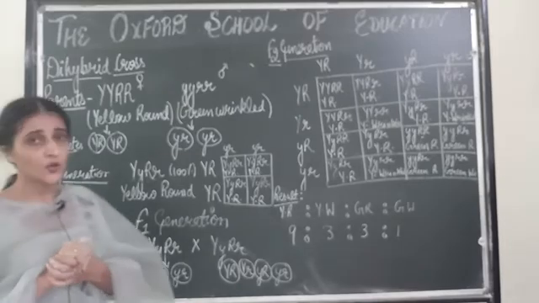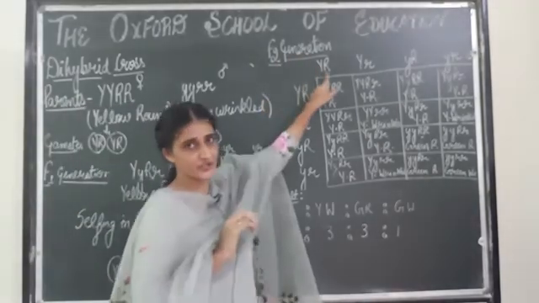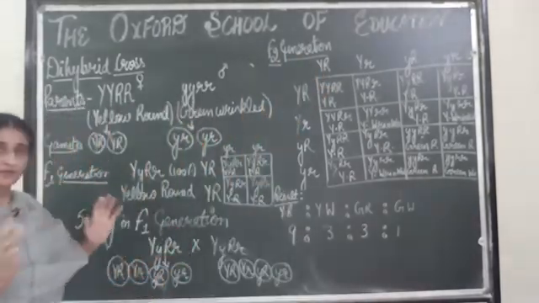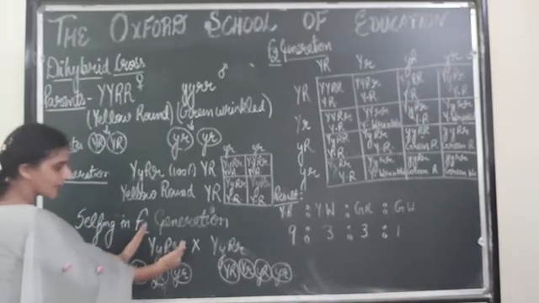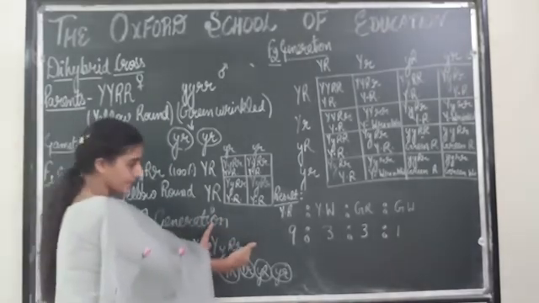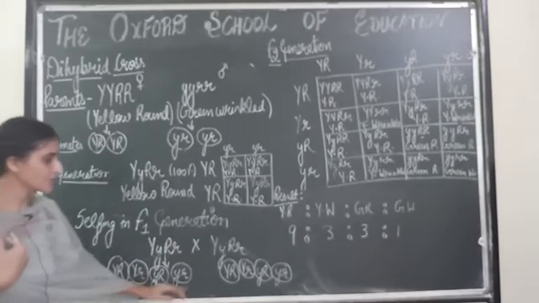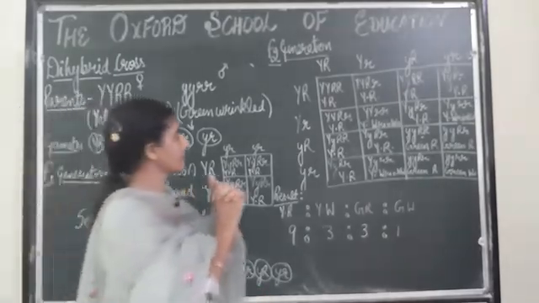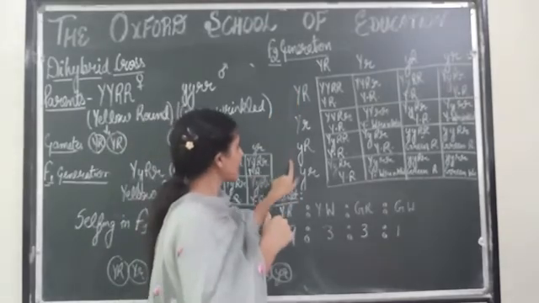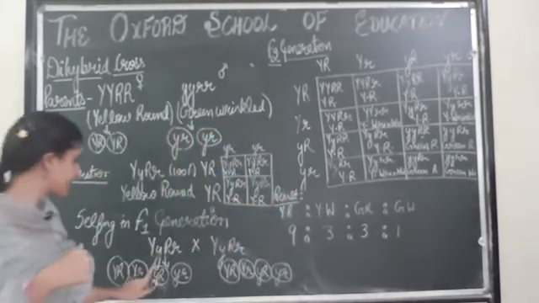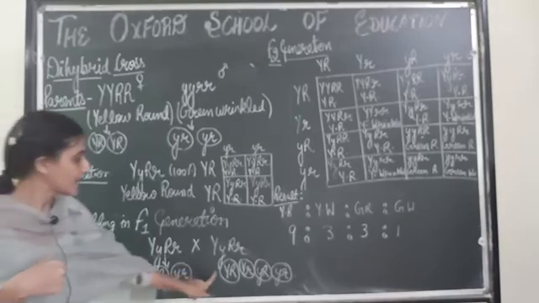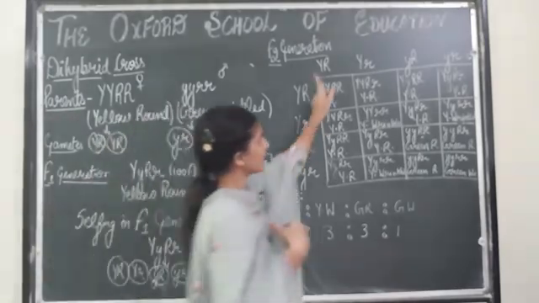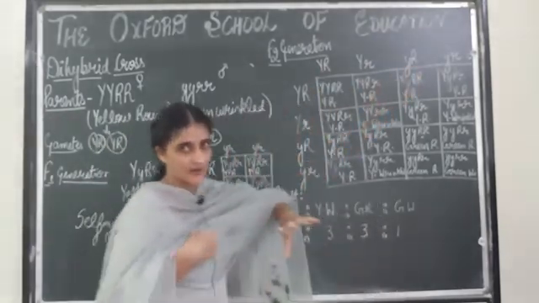So let's take a look at the F2 generation. Suppose we perform selfing of this plant with the same plant. As you know, the gametes produced will be the same. So let's take a look at the Punnett square. These are the possibilities of gametes of the first plant, and these are the possibilities of gametes of the second plant.